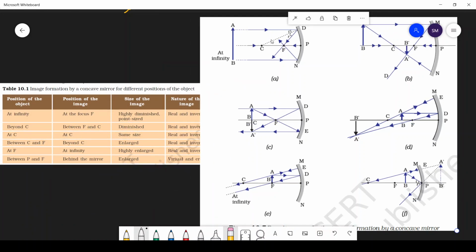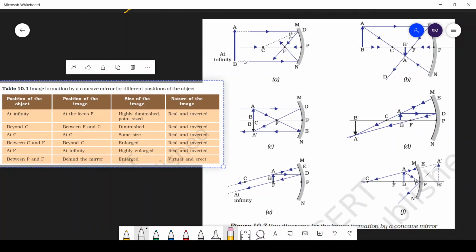Now here, which 2 rays have we taken in this diagram? The object is at infinity, and we have taken 2 incident rays. The first one is parallel to the principal axis and then passes through the focus, and the second one I have taken passing through the center of curvature and going back.